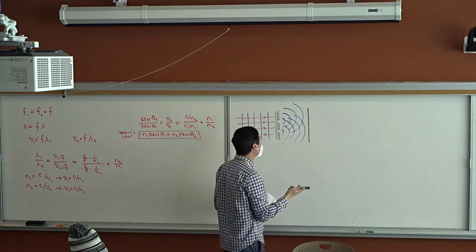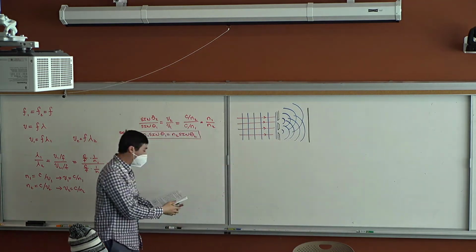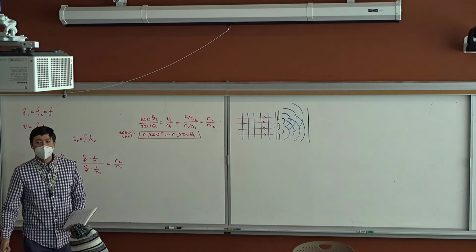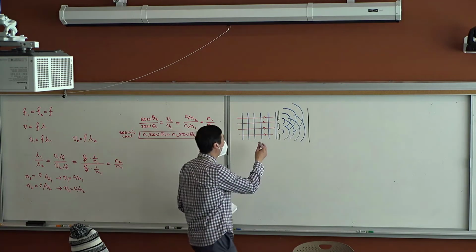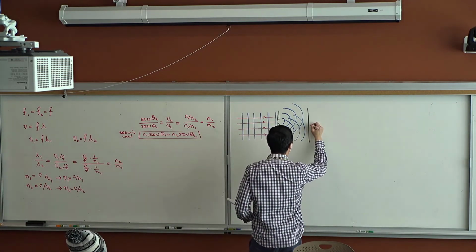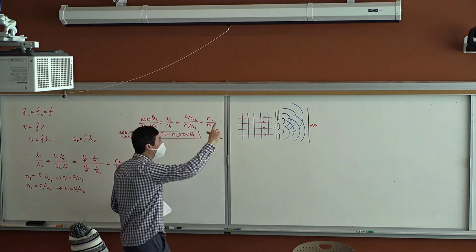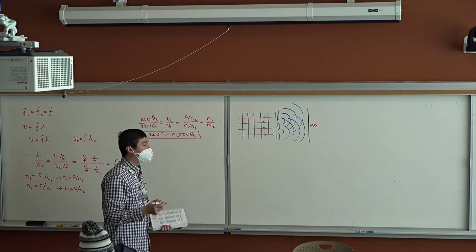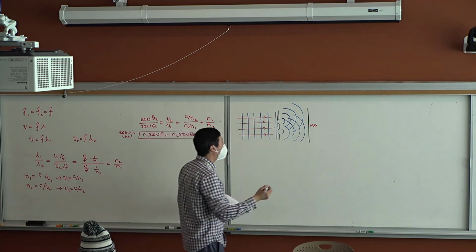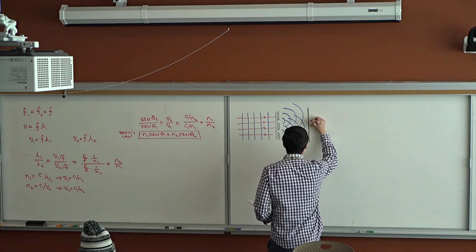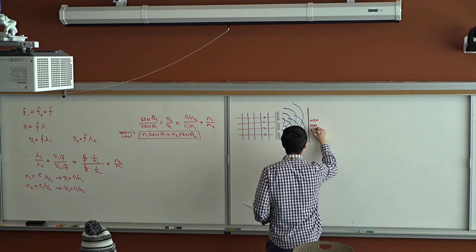If we have a viewing screen over here, what we're going to find is that directly centered, we get a max. And then satellited off of this, we get a min, either direction.